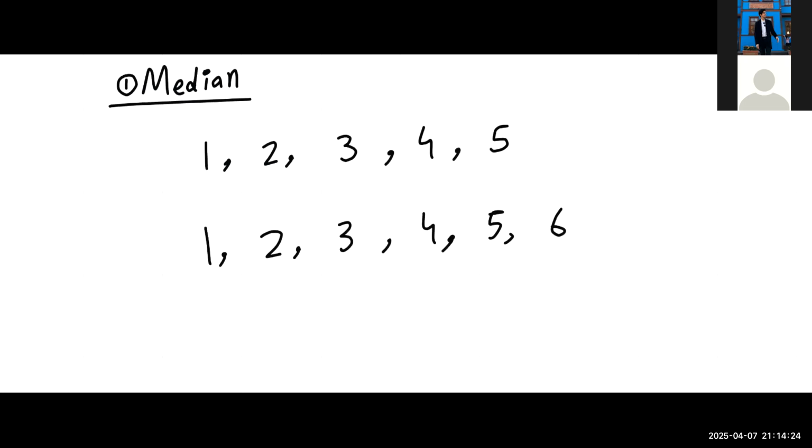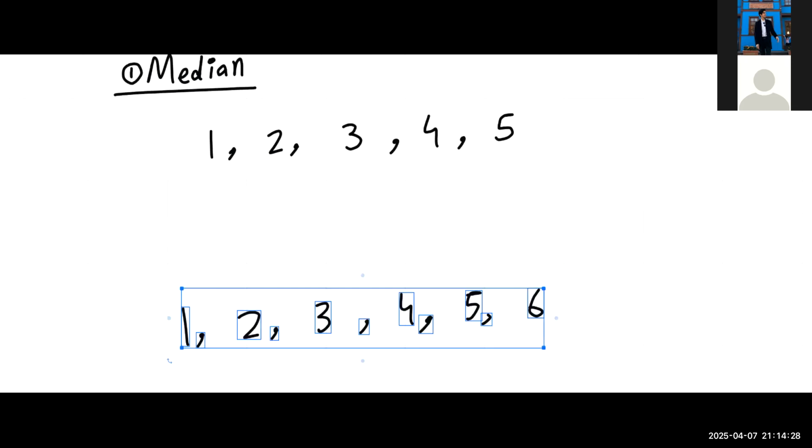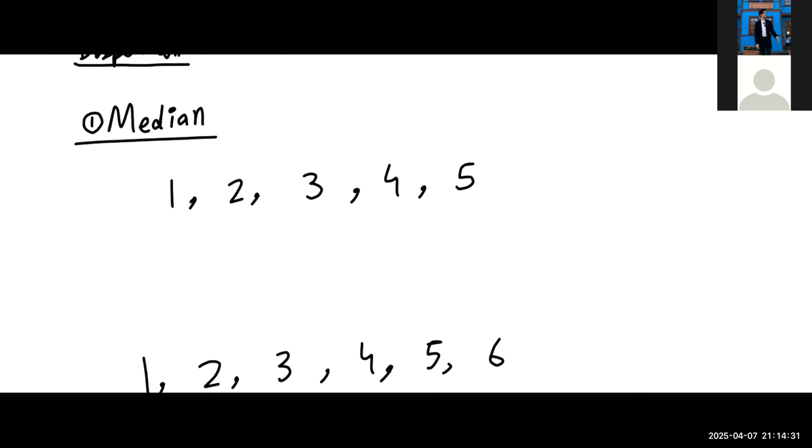Now, here's what you do. The median is basically whichever value is sitting in the middle of your data if you obviously put it in ascending order, okay? So if you put it in order like this, what is the value sitting in the dead center of your data? As you can see in this case, it's pretty easy to see that it's 3, okay?